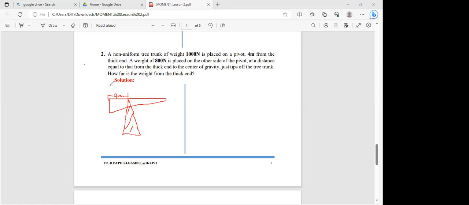But they are telling us that the distance, if I've read well, is a distance equal to that from the thick end to the center of gravity. So if the thick end is this and the center of gravity is somewhere there, let me assume that one is our center of gravity. So that means that our 1,000 newtons will act somewhere there.